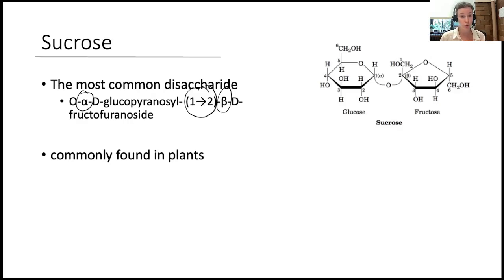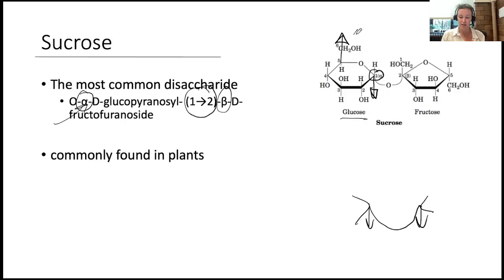Let's start with glucose. So glucose, we have this alpha to deal with. Let's see if it's alpha. Now this bond, again, is this weird kind of squiggly bond that looks like this, but we'll understand that to mean that these bonds are coming down. So at the anomeric carbon of glucose, carbon number 1, it is pointing down, which is anti or opposite to the bulky substituent.